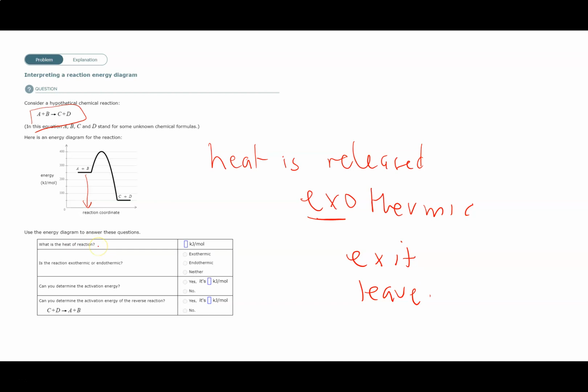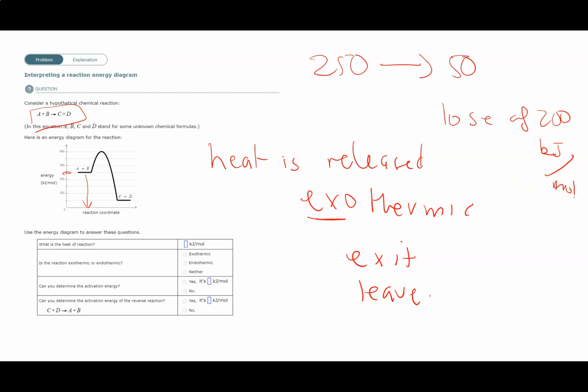So what is the heat of this reaction? We have to look at the scale here carefully. We started at 250 and we went down to 50. So there was a loss of 200 kilojoules, and the units there are kilojoules per mole.